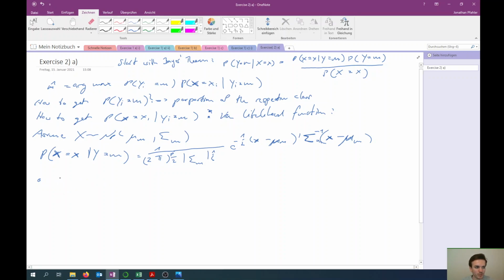So the first one would be if all the sigmas, like all the covariance matrices for all M classes are equal, then we can use the linear discriminant analysis.